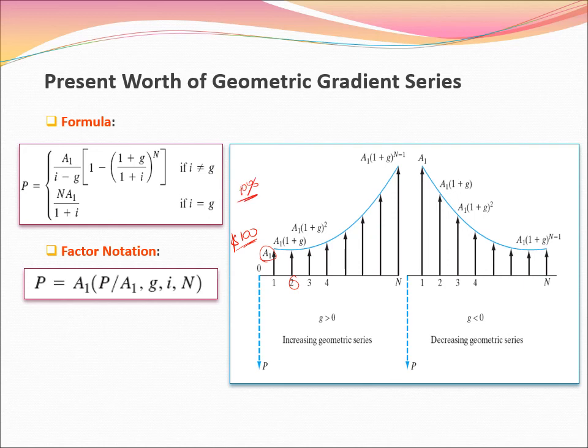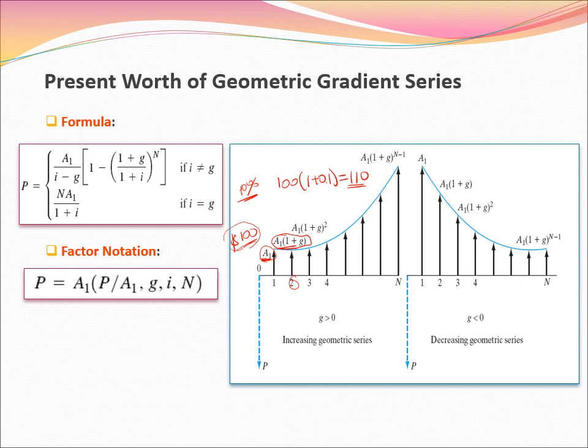So 10% more means we multiply 100 by 1 plus 0.1, and our earnings become 110. So at the end of the second period, if the first earning is A1, the second earning becomes A1 times 1 plus g.